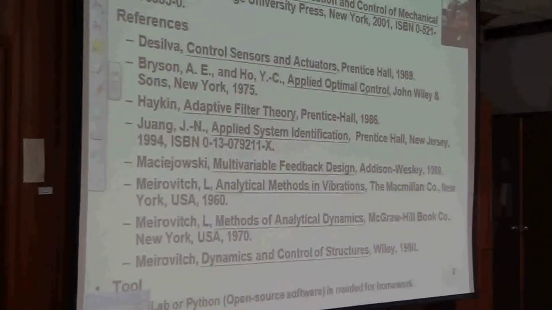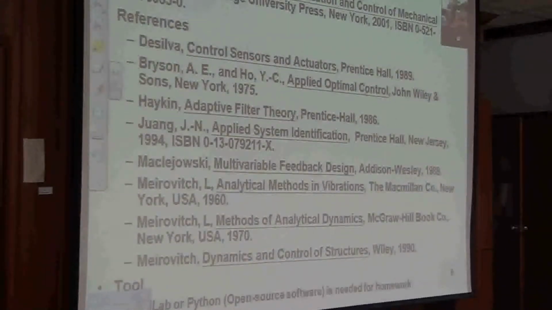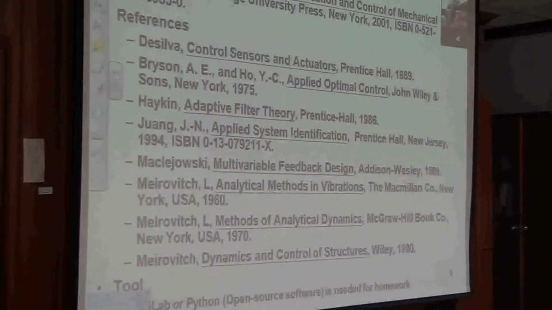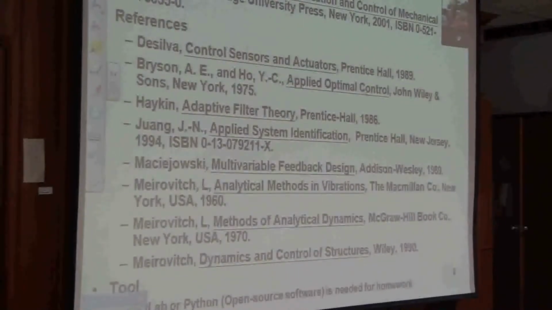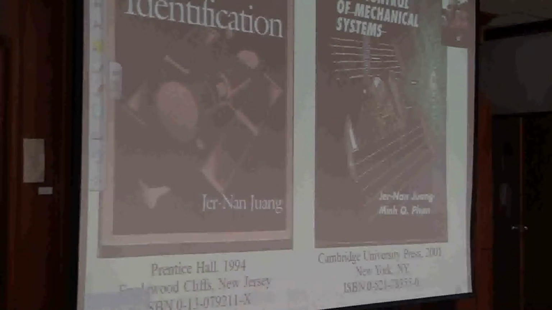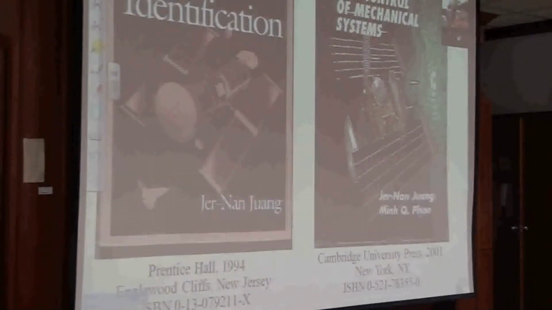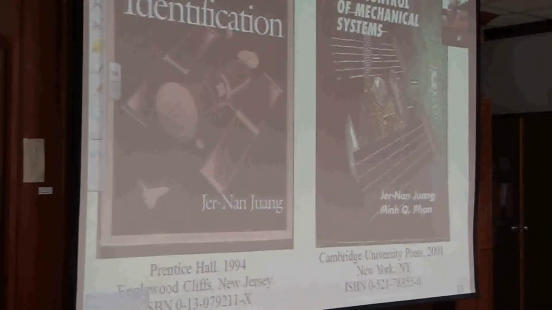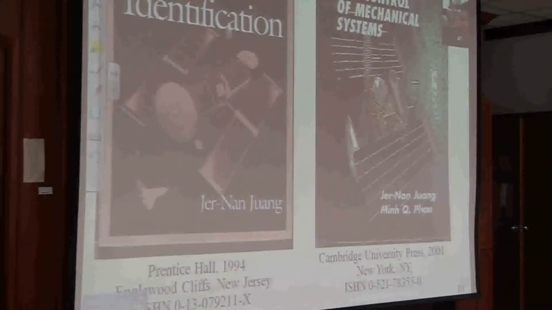The textbook for this course is the same textbook for system identification. What I have to comment about this textbook, you see these are the covers of the two textbooks. Both are written by Zhenan Zhang and co-author.